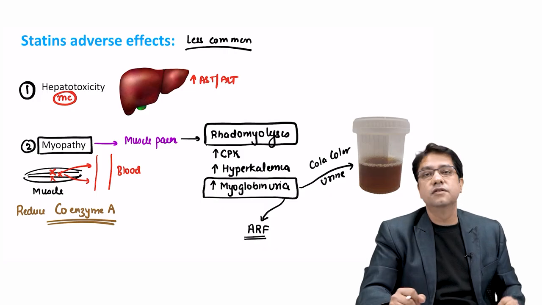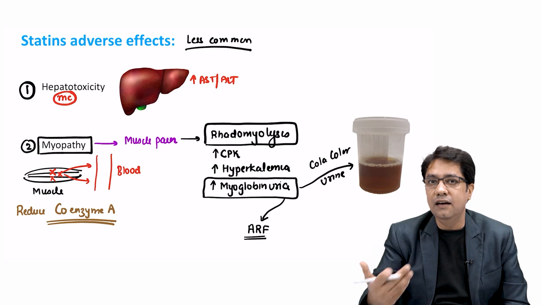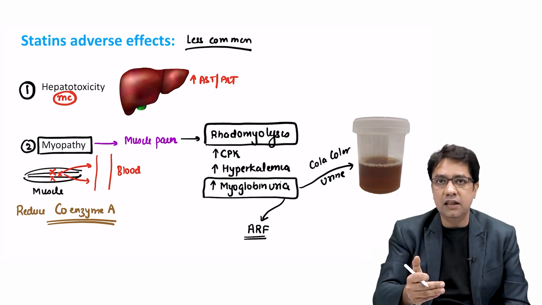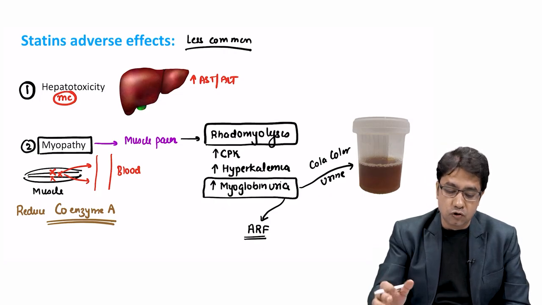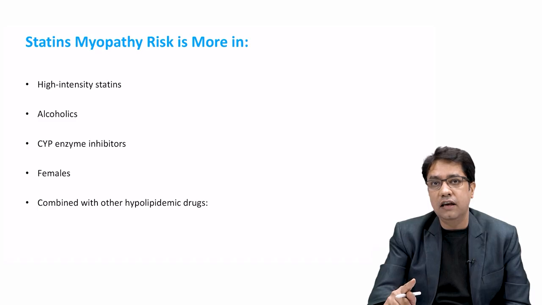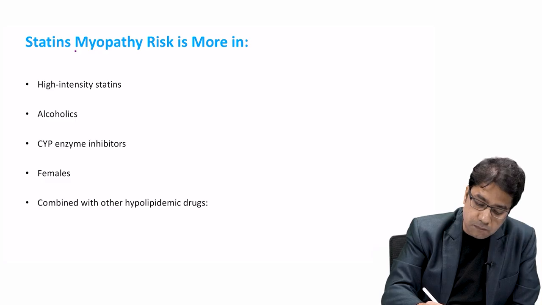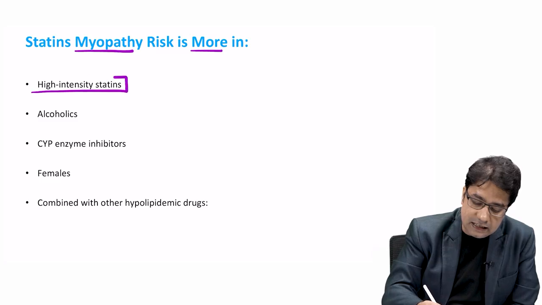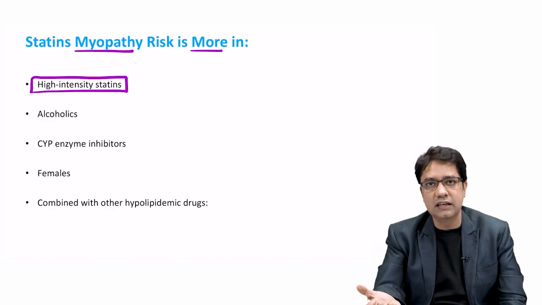So one question comes to our mind, sir, what are the factors which can increase the risk of myopathy or rhabdomyolysis with statin? Those factors are when you are giving a high dose of statin. Myopathy is more commonly seen in high intensity statins, and we know high dose statins are atorva and rosuvastatin.